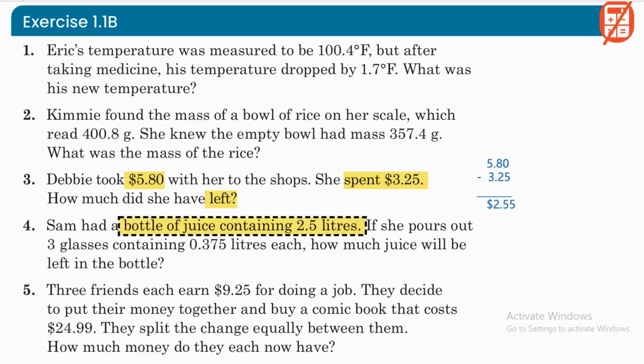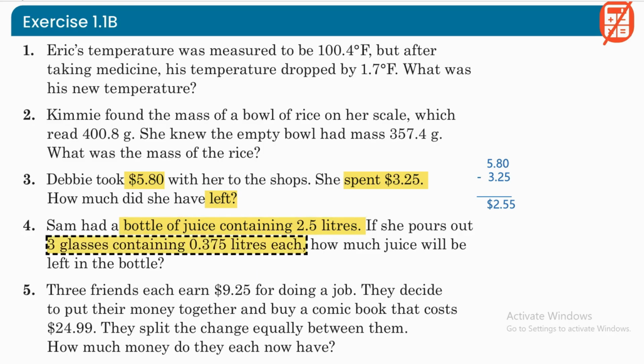The next one is a bottle of juice containing 2.5 liters. Three glasses containing 0.375 liters each. Now we have to note down that this amount is given which one glass contains. So we have to calculate in the first step how many liters three glasses contain, and then we'll subtract that amount from the total 2.5 liters.